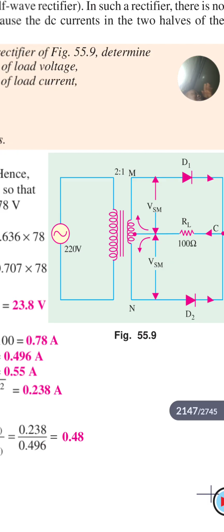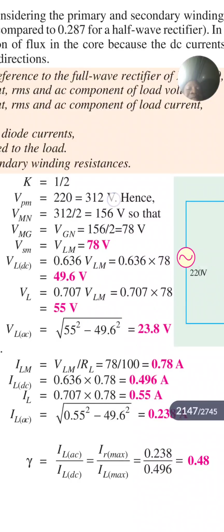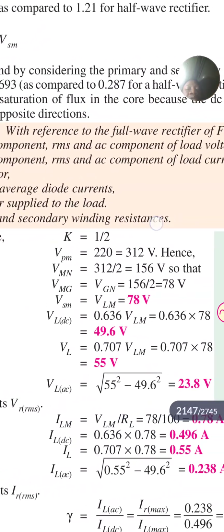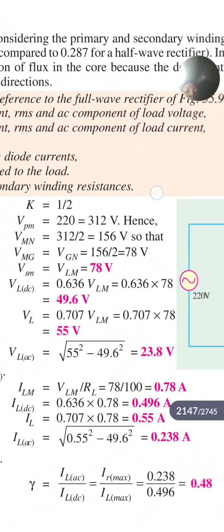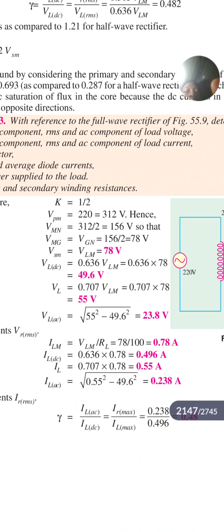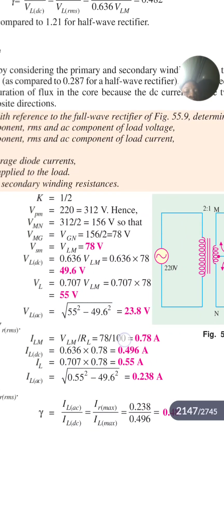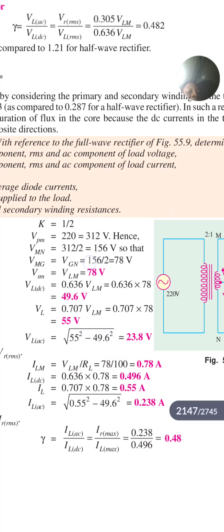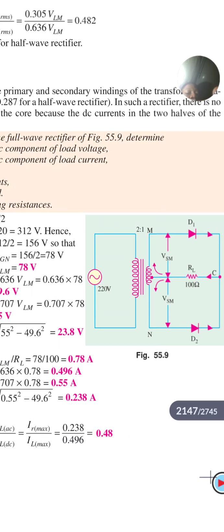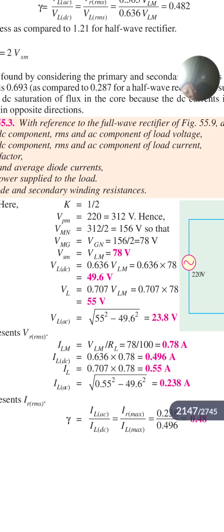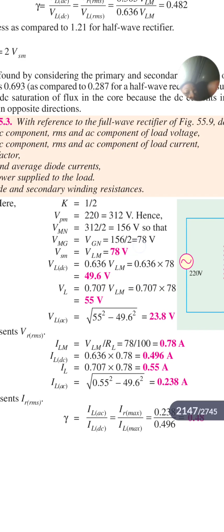Now if they do not talk about silicon or anything, that means you are going to just use it straight. Look at it here. I was saying 220 divided by 2, they multiply by root 2. You can see the same thing as 220 multiplied by root 2, then divided by 2. It will still give you 156 as the VM.